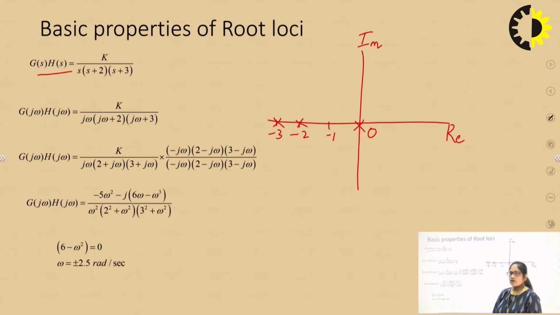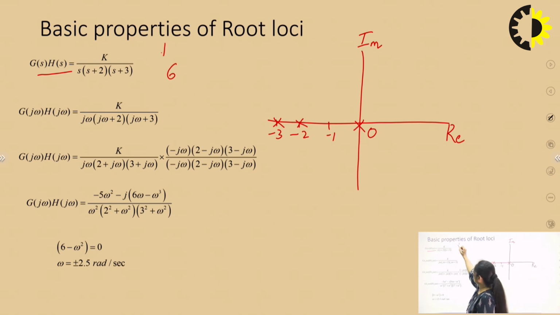Since the number of poles is 3 and there are no zeros, the loci which start at an open loop pole will tend towards infinity. And there are 3 angles of asymptotes here.